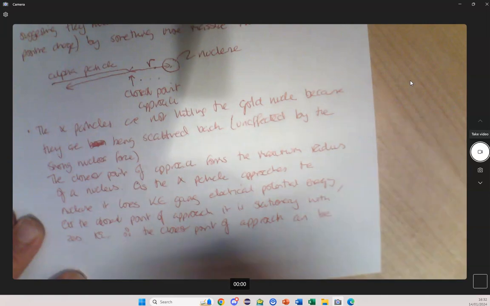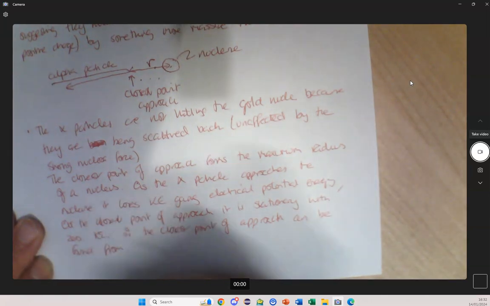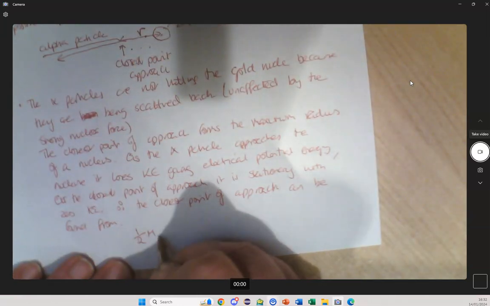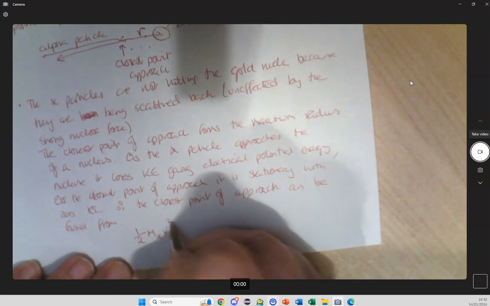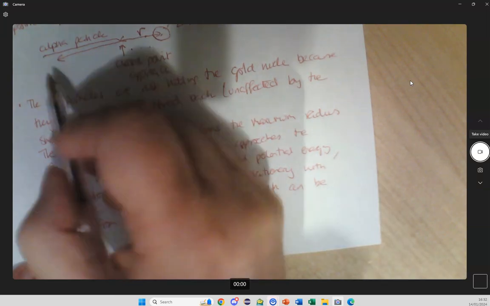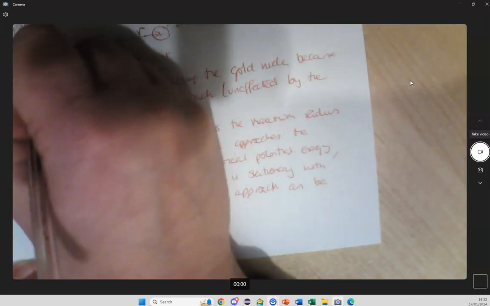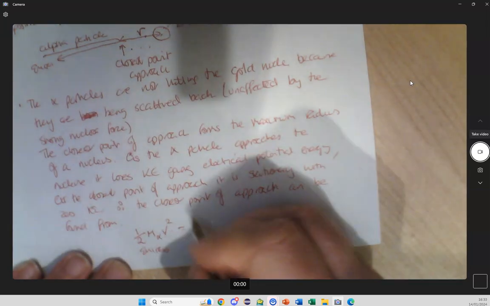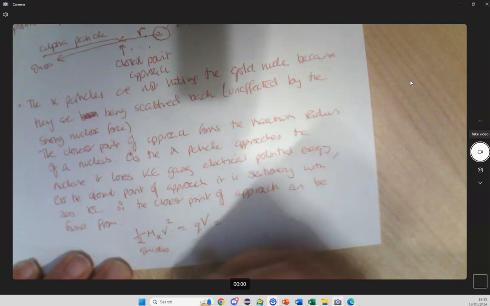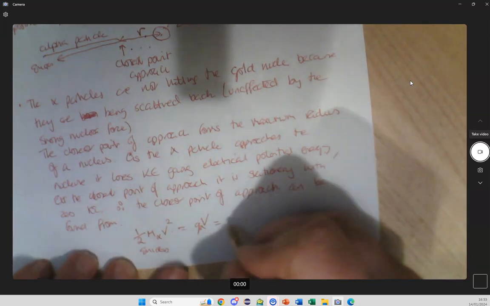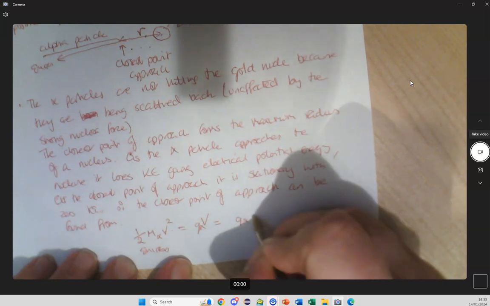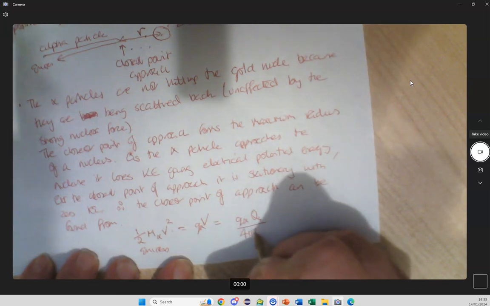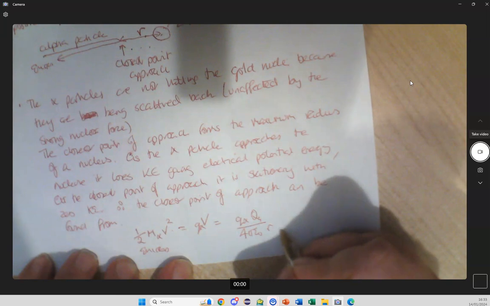half the mass of the alpha particle times the speed of the alpha particle squared at the start, so this would be when it's emitted, would have to be equal to QV, where Q is the charge on the alpha particle, which would have to be equal to Q on the alpha particle times Q on the gold, divided by 4 pi epsilon naught R, where R is the closest point of approach.